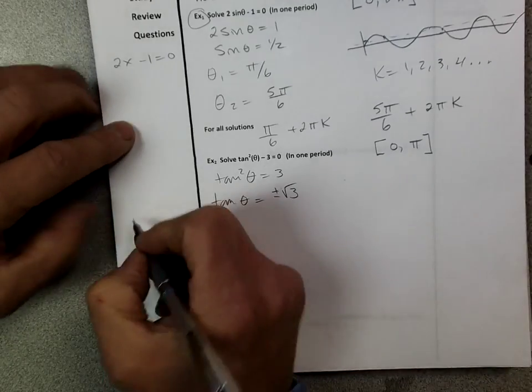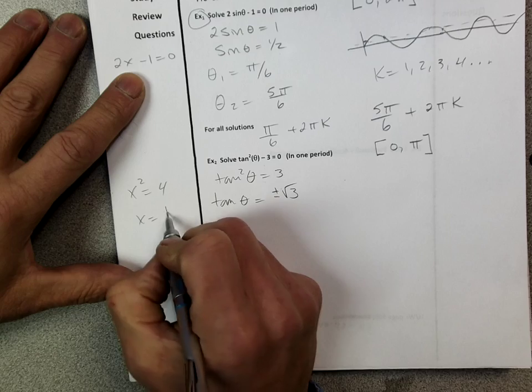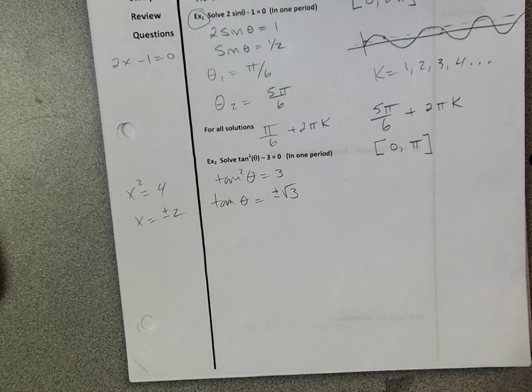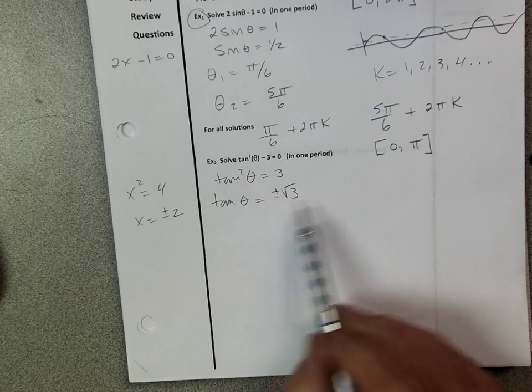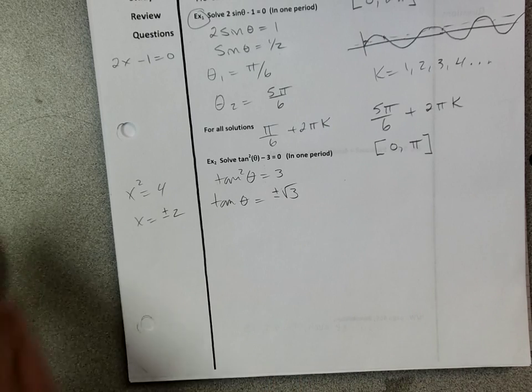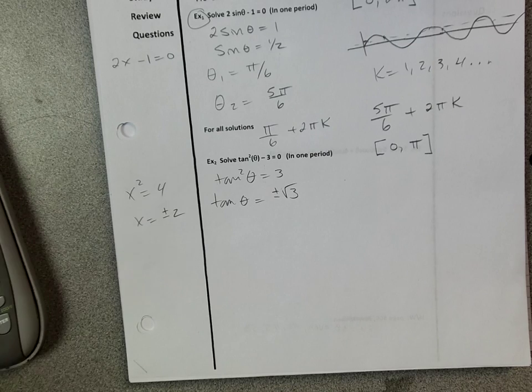A little side work: if I had x squared equals 4, you know that x could equal 2 or negative 2, because the square root of 4 is 2 and negative 2. You get both answers. Same thing here, we get plus or minus. Now, I could use my calculator, but it's on the unit circle. From last year, we learned that the tangent values are the pink ones on the unit circle.